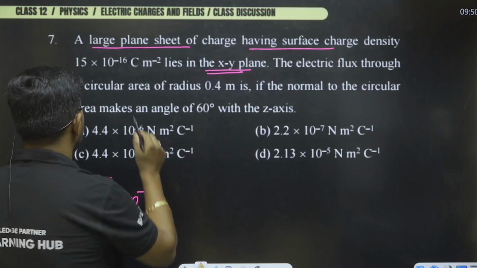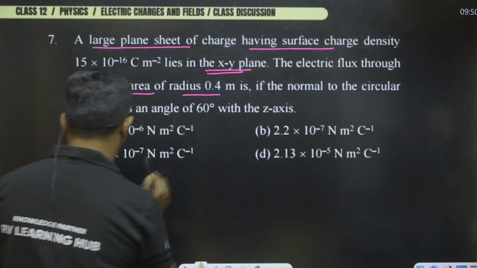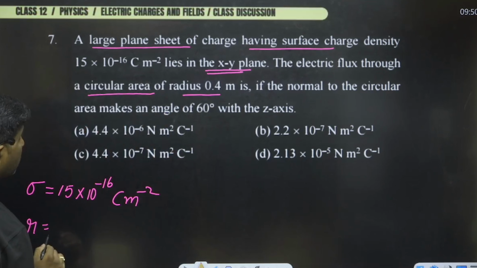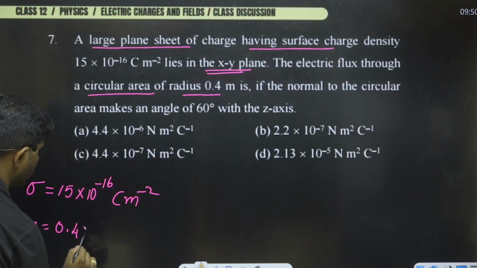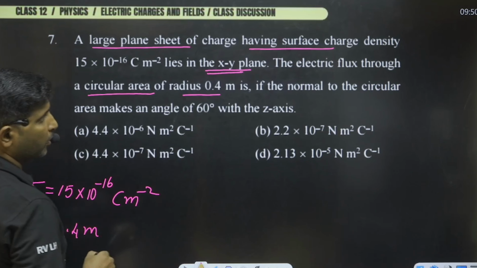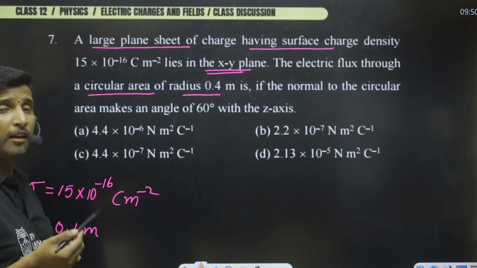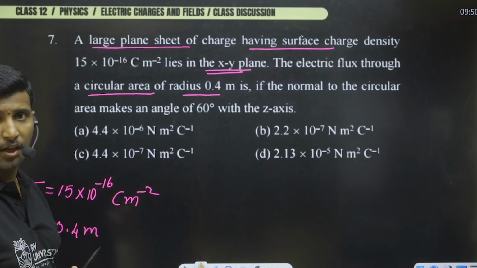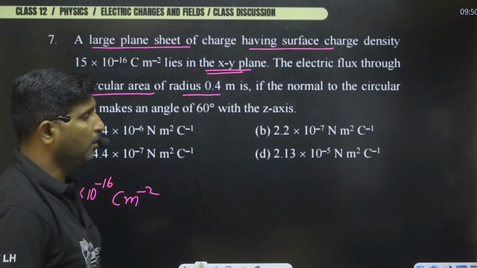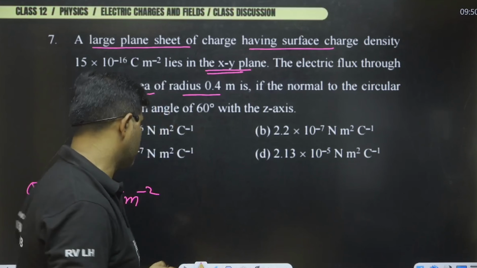The electric flux through a circular area of radius 0.4 meter, if the normal to the circular area makes an angle 60 degree with the z-axis. Okay. First of all, I will draw the figure, then we will get a clear picture about this.